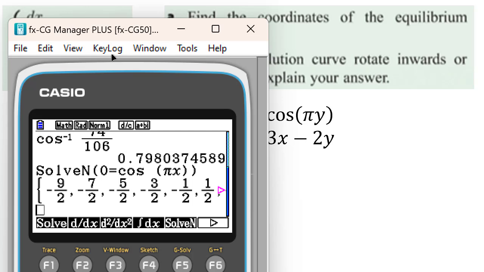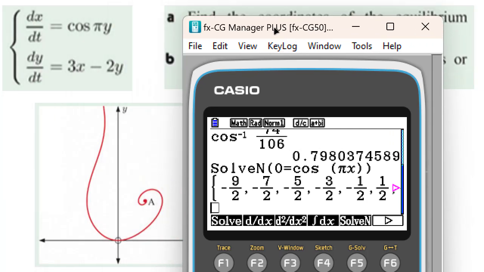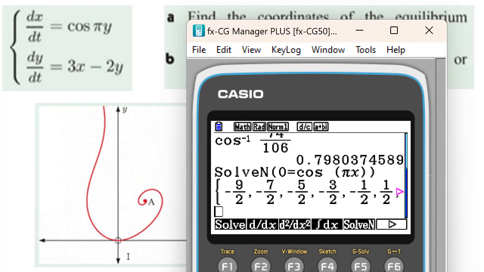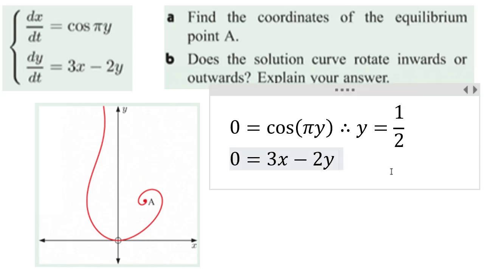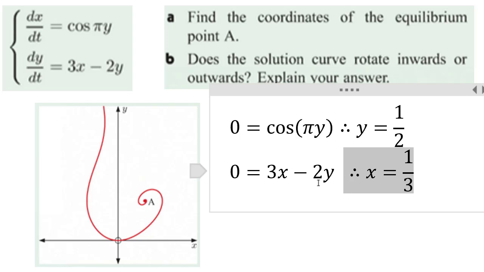So this is the y value of the equilibrium point. So it's quite clearly positive, so I'm ignoring all of these, and I want a half. So y equals a half. And then, because y is a half, I can put that into this one and get my answer. So that's really nice. The coordinates of the equilibrium point are a half, a third.